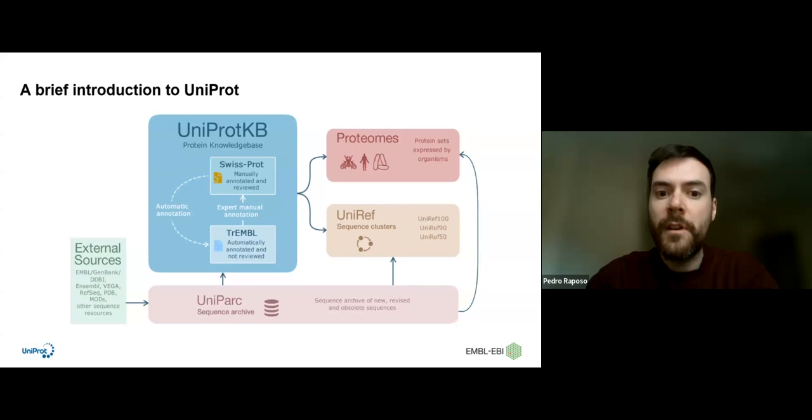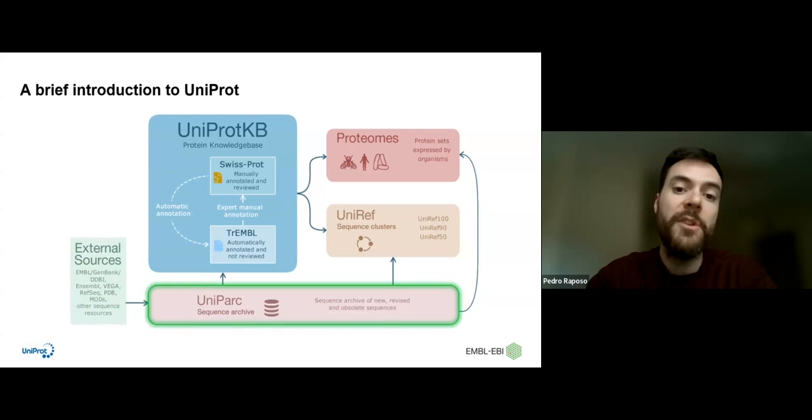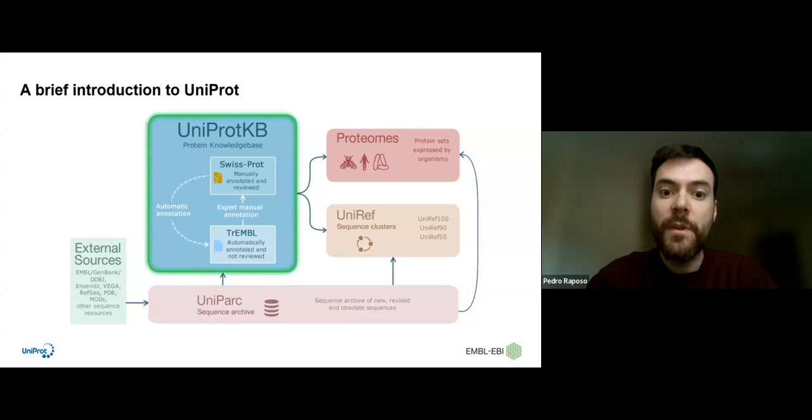Just a brief introduction into the different UniProt resources. We start by importing information from external genomic sources, such as ENA and GenBank, for example. And then this information goes into UniParc, our archive resource for protein sequences. Then we transform those sequences into protein accessions in the UniProt knowledge base, or UniProtKB.